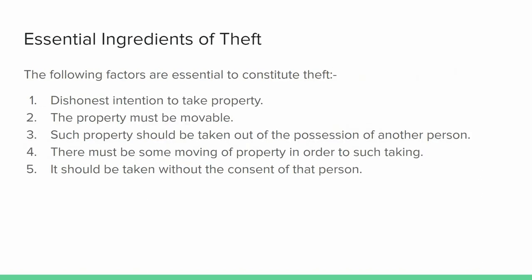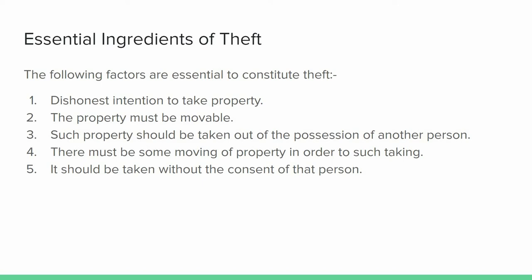Now we will discuss the essential ingredients of theft. There are 5 essential ingredients or factors needed to constitute theft. If the 5 conditions are followed, then only theft can be committed. First, dishonest intention to take property. There must be dishonest intention to take certain movable property. Second, the property must be movable.